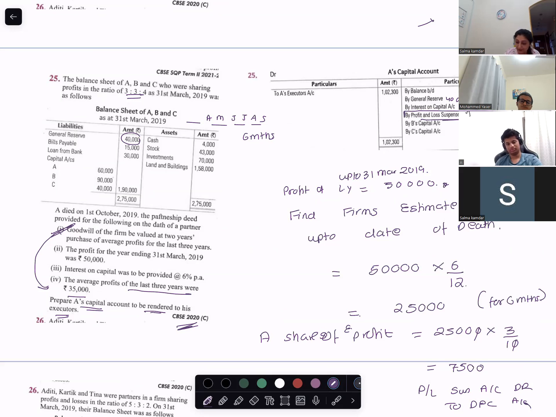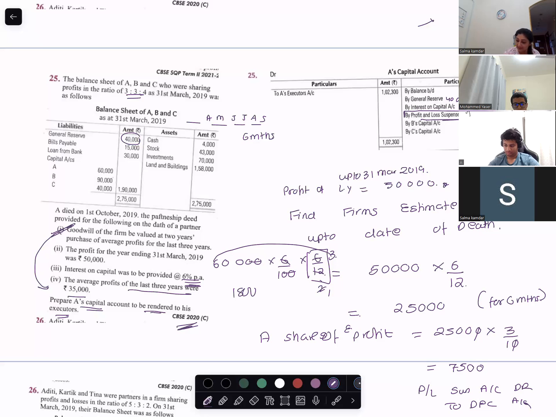Now, even for the interest on capital, you need to be very careful. It is 6%. How will you calculate it? 60,000 into 6% up to the date of death, into 6 by 12. This is one thing that you always have to do. 6 ones are 6, twos are 12, threes are 18, it becomes 1800.